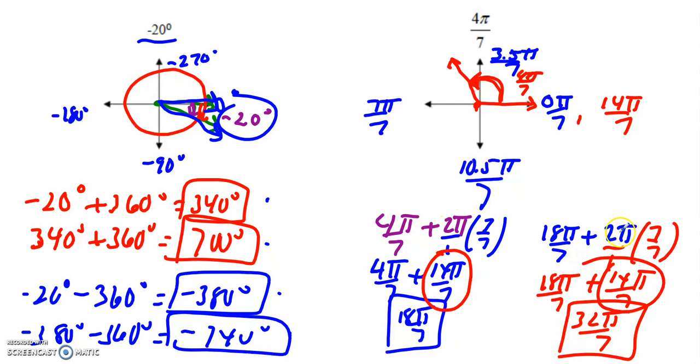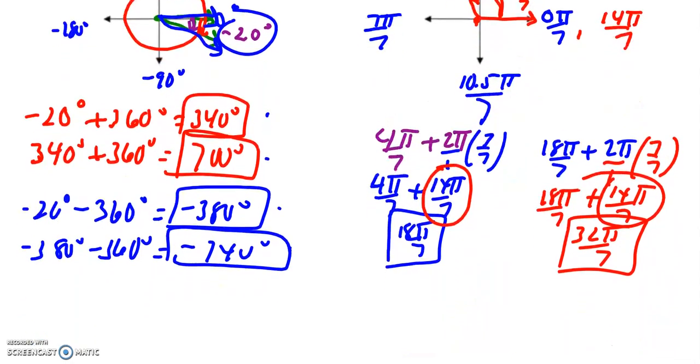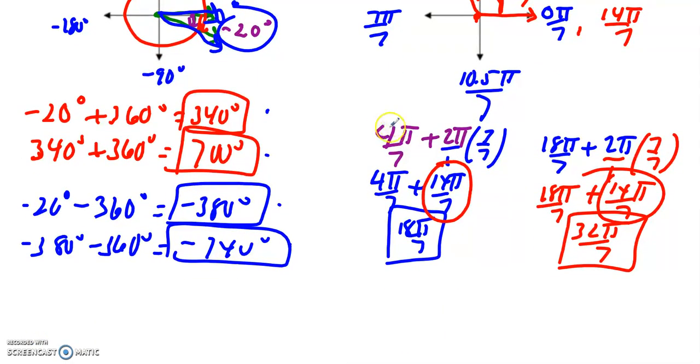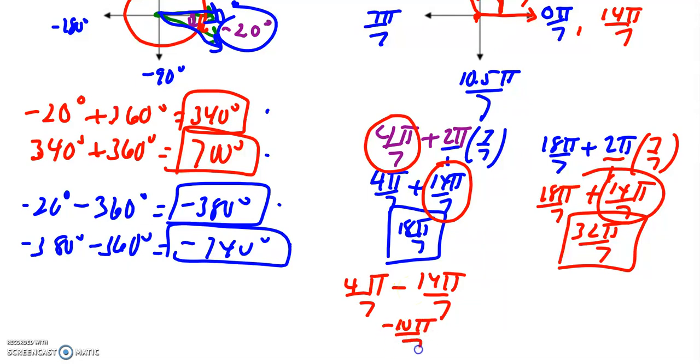So instead of writing plus 2 pi each time, if we want to find the negative angles, we start again with 4 pi over 7, and we subtract 2 pi, which with a common denominator is 14 pi over 7. So we have 4 pi over 7 minus 14 pi over 7, so we have negative 10 pi over 7 for my first negative angle.